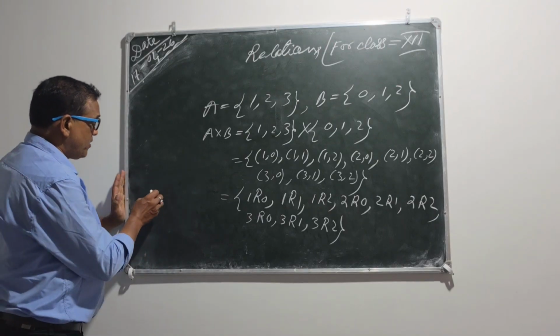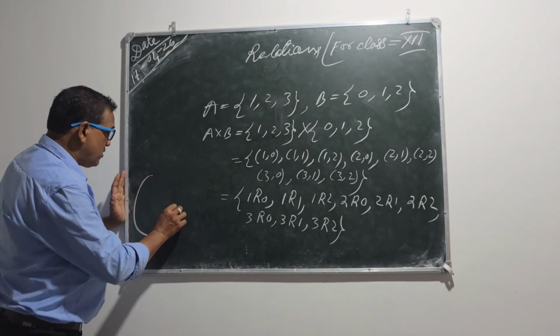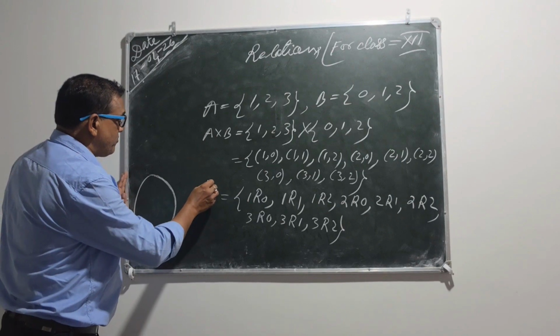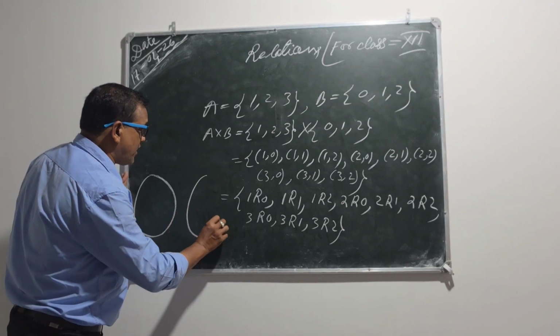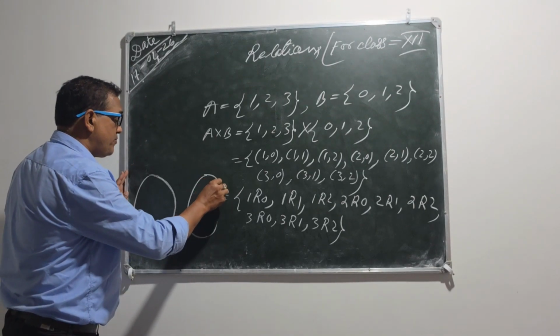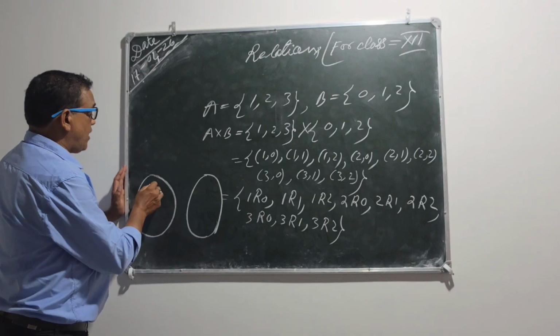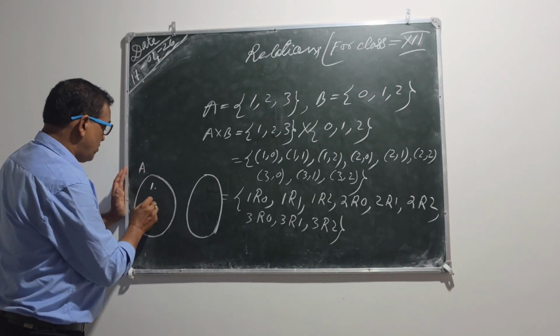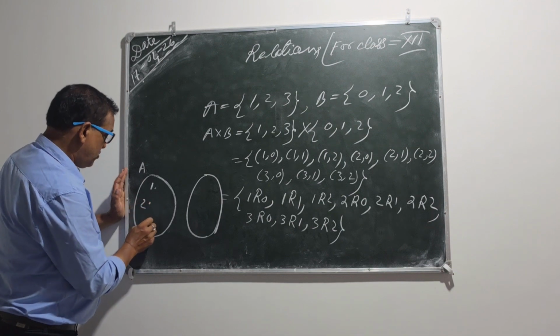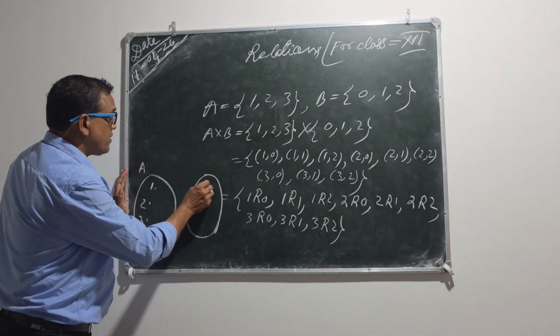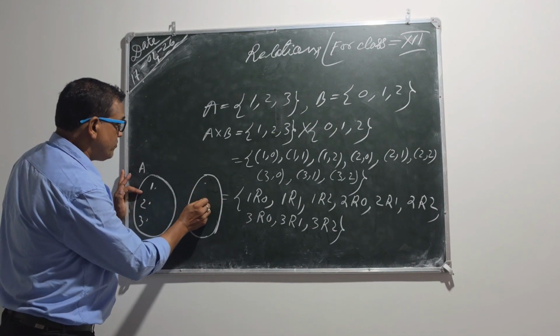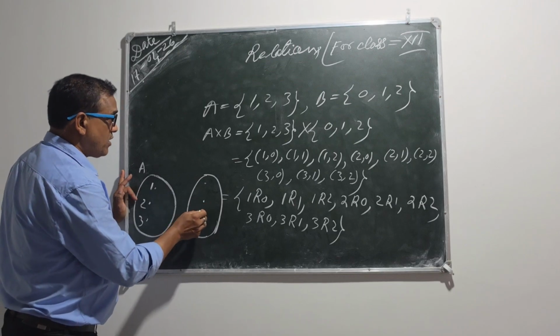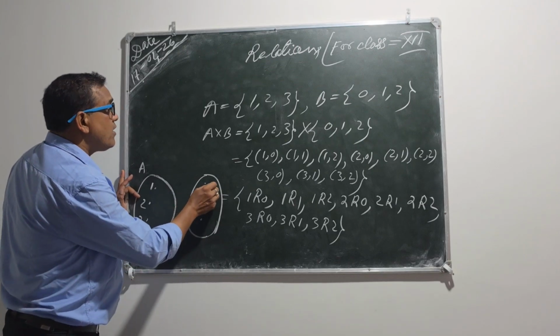Let us take one diagram. Through the diagram also the same thing we can show here. Say the elements of A we have given here: 1, then 2, 3. As an arrow diagram, we can show this relation as follows.